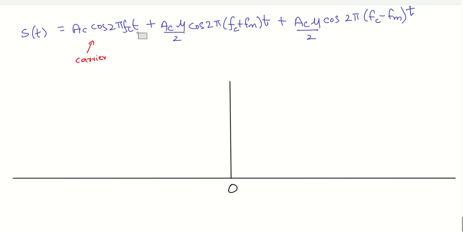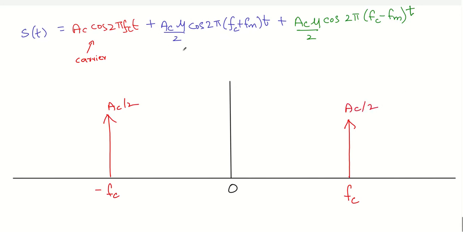This is the carrier, and this in some other color. Now, what will be the Fourier transform of this part? Ac cos 2 pi fc t will have a single impulse at plus fc and a single impulse at minus fc as well, with half the height, Ac by 2, Ac by 2.